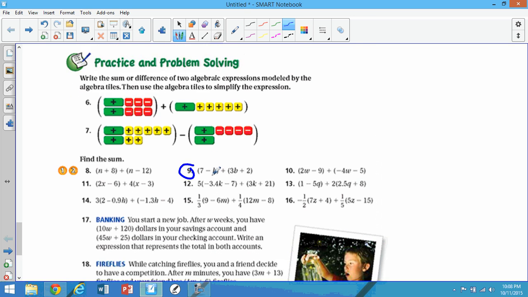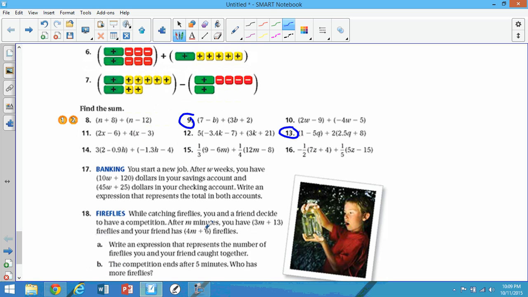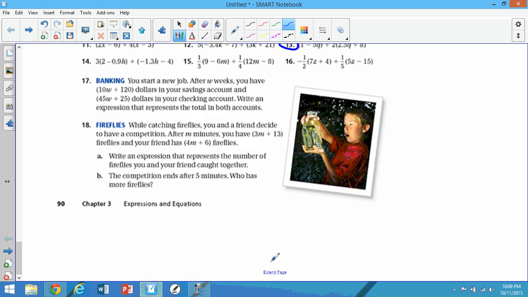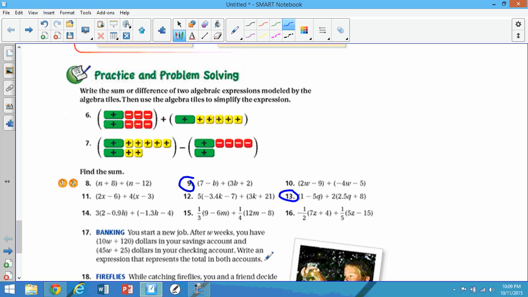Okay, let's just do number 9 and number... I'm trying to find one that has a distributive. Yeah, I guess we'll have to do 13. 9 and 13. Okay? Come back with those 2 problems complete tomorrow. Okay?